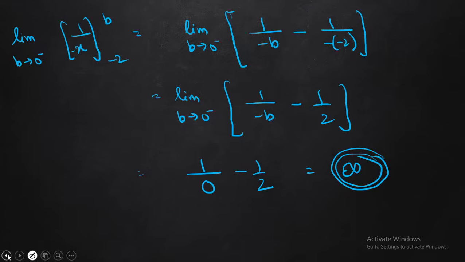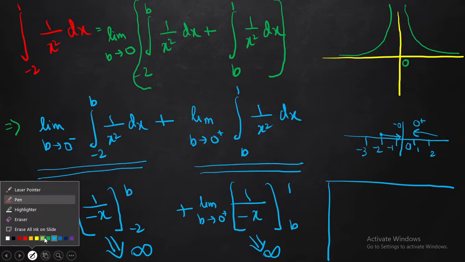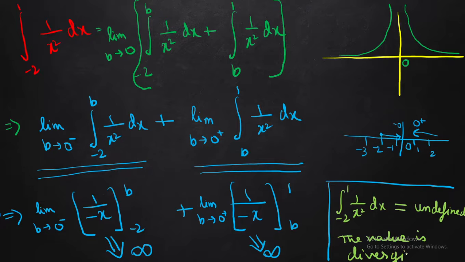So we got that this integral is undefined. Similarly, we will get this integral is undefined. Therefore we simply can say that the integration from -2 to 1 of 1 by x square dx is nothing but undefined, or we can say that the value is diverging in nature, or we can simply say that the integration is diverging.